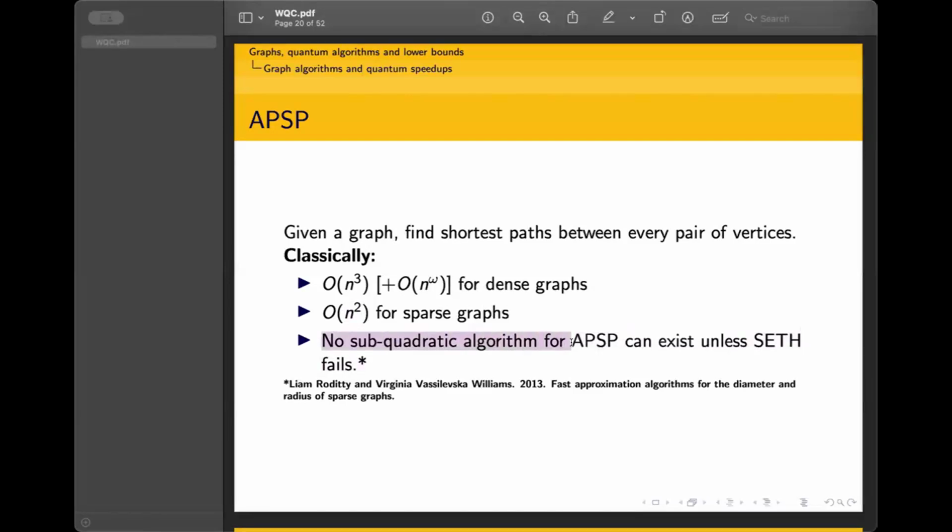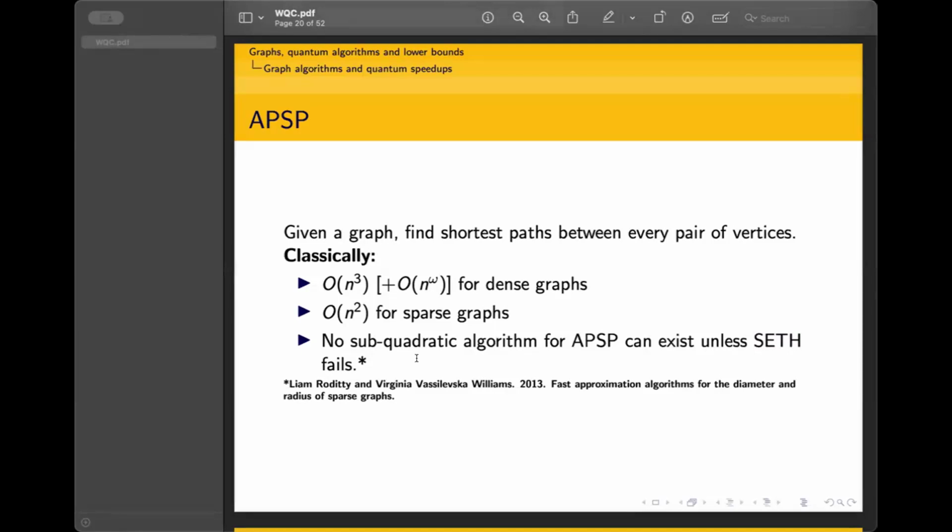No subquadratic algorithm for APSP can exist unless SETH fails. And what is SETH? That's the strong exponential time hypothesis, and that hypothesis is believed to be true. It's a very, very strong thing, and we'll comment on that when talking about lower bounds. It's a lower bound technique, basically, where you show that conditioned on some hypothesis being true, you can show lower bounds.